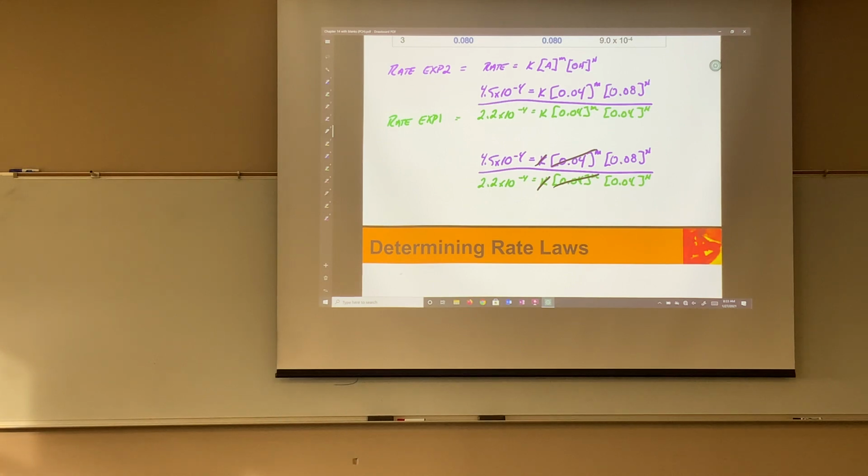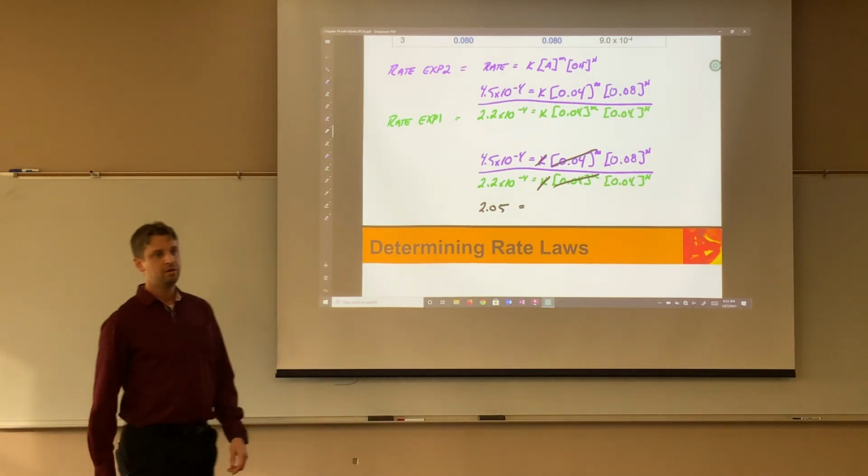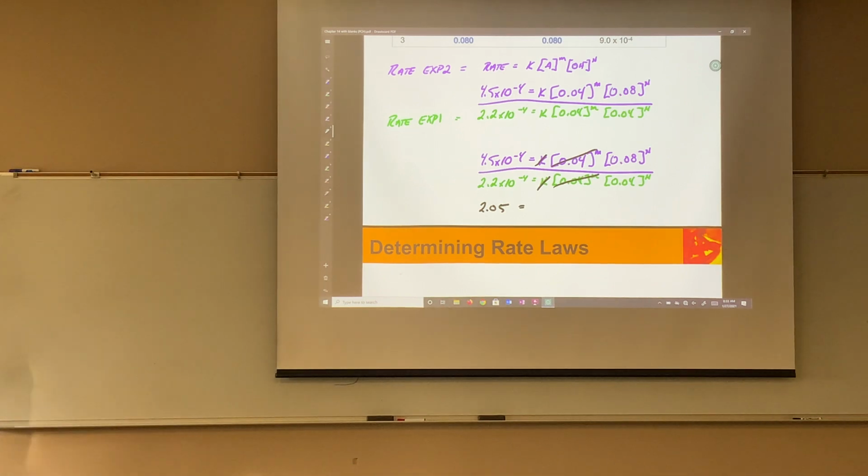Now, we can divide 4.5 times 10 to the 4 by 2.2 times 10 to the 4, and it's equal to about 2.05. If I divide 0.08 to the n by 0.04 to the n, what is it equal to? Not 0.02, just 2, to the n.